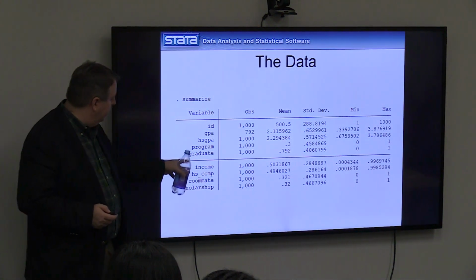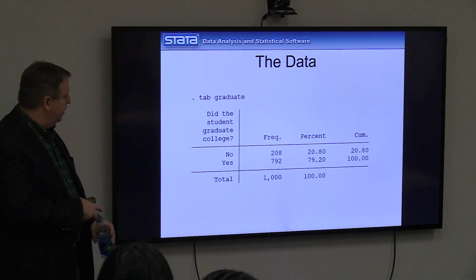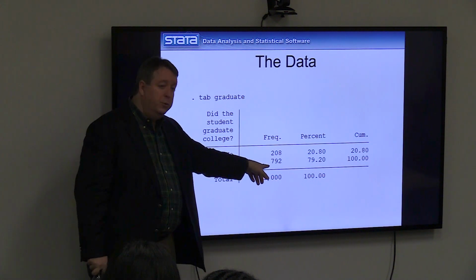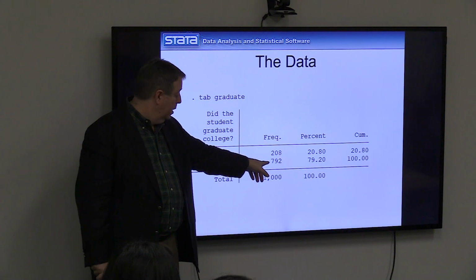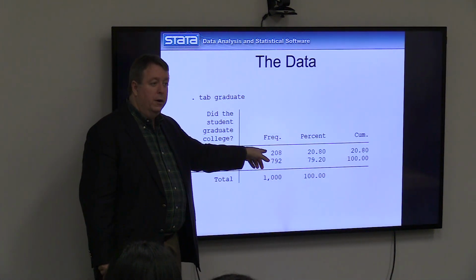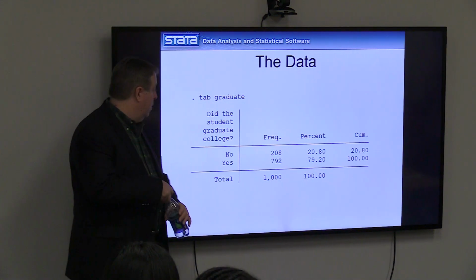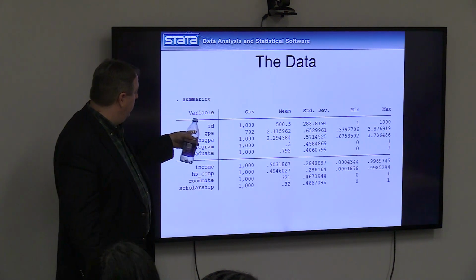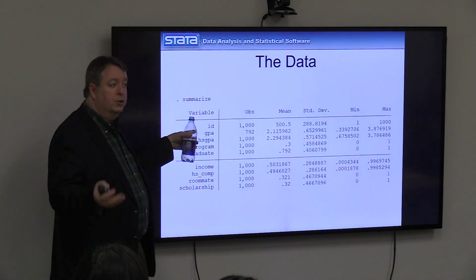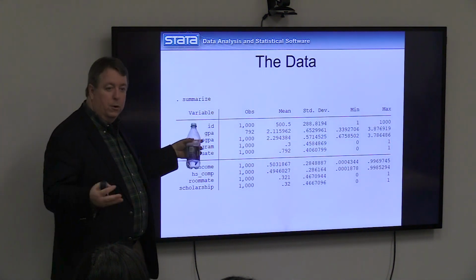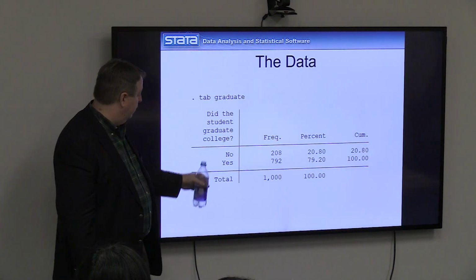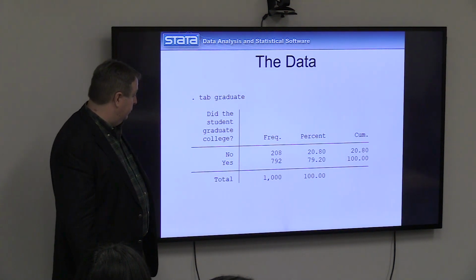So if I tabulate this graduate variable, it seems that only 792 of these 1,000 students graduated. 208 of those students did not graduate. Well, that explains why I'm missing GPA for 208 students, because I only get their final GPA if they graduate. So that's why I'm missing GPA for 208 students.